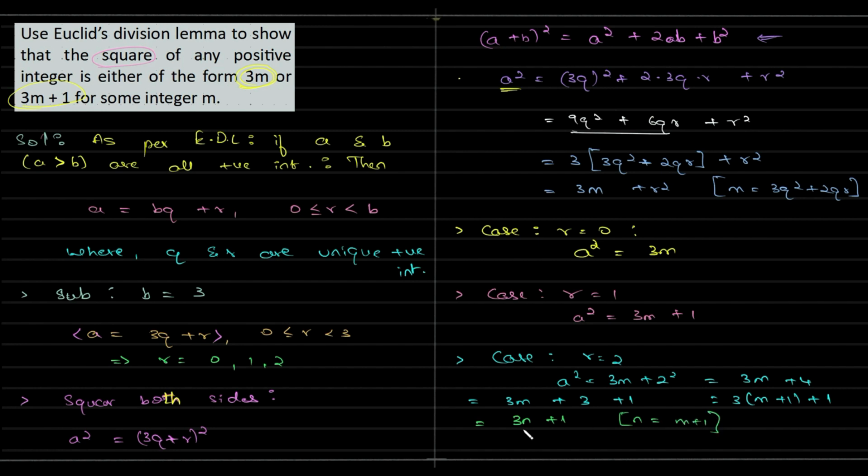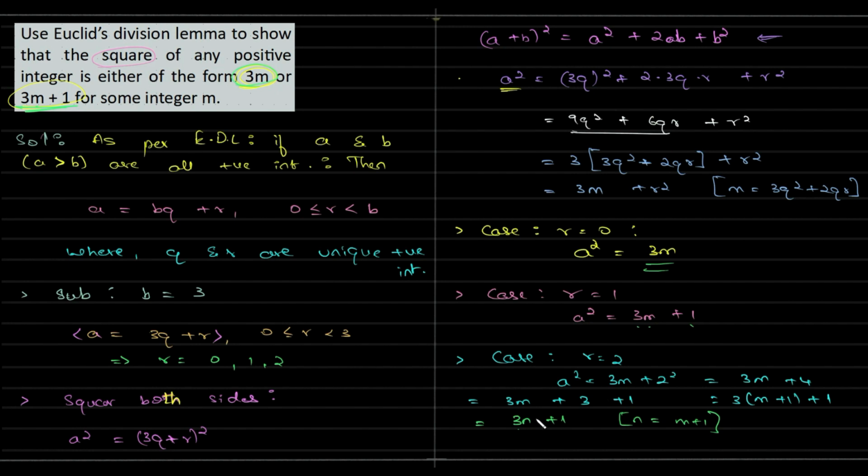So the main thing is pattern: 3 into some quotient plus 1, 3 into some quotient plus 1, and 3 into something, and again 3 into something. The pattern is important.